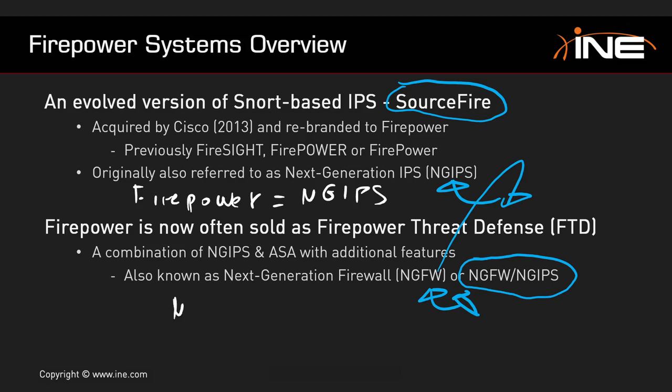Now, when you see the term next generation firewall, this is actually a combination of the original ASA and next generation IPS, so regular firepower. Okay, and these two terms are the most up to date. So you will also sometimes see Firepower with power uppercase, FireSight, but this is generally deemed as legacy terminology.